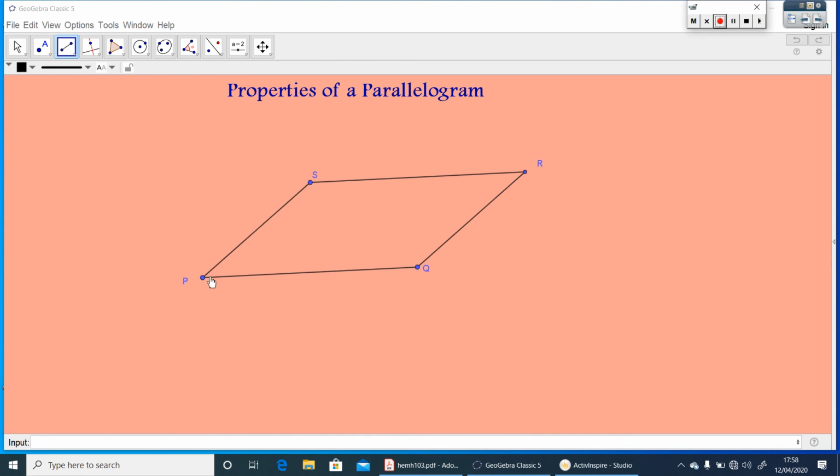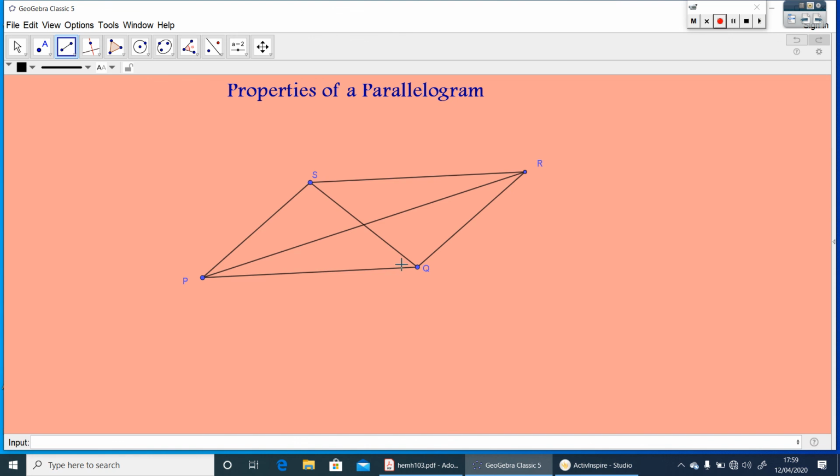Now let me join P and R. This line segment we call a diagonal. Then let me add one more diagonal you can draw, that is QS.